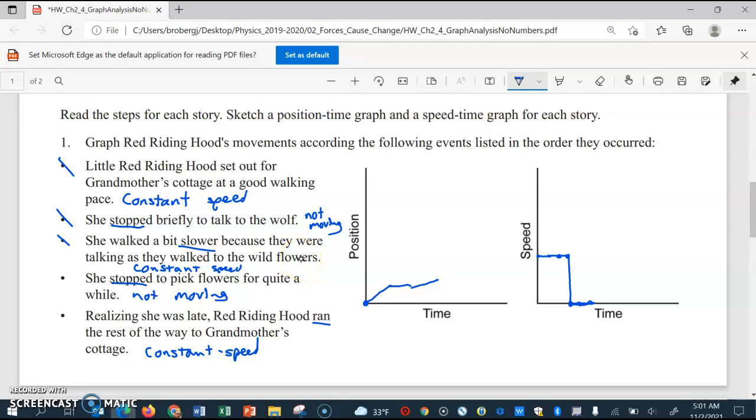But this is going to be a flat line again. We're going to draw a line straight up. But this time, if she's walking slower, that means her speed is actually lower. So we're going to draw this graph where it's a little lower than what it was before. And that's how we're going to end this part, but you need to finish that graph.